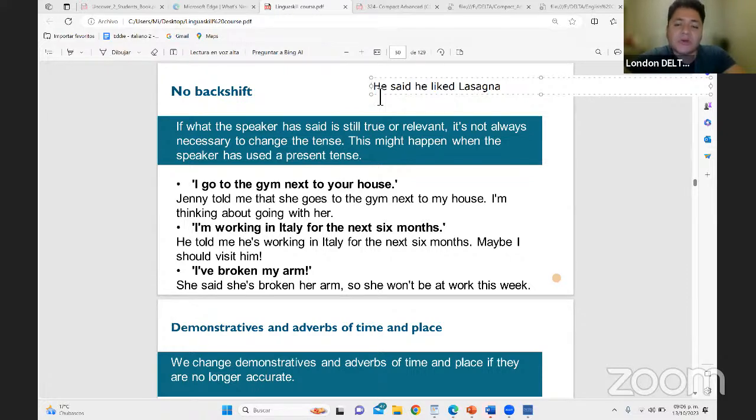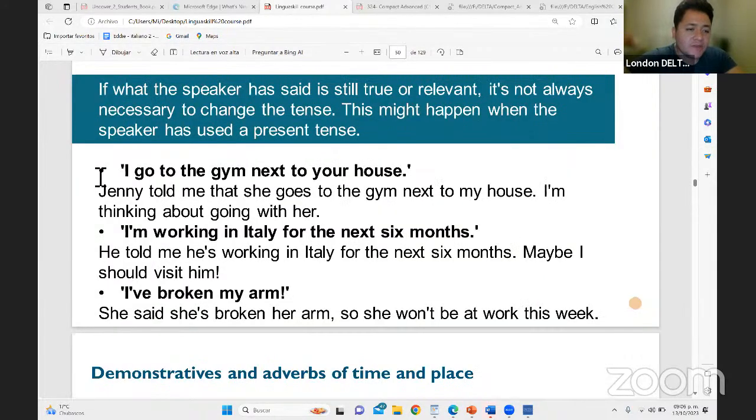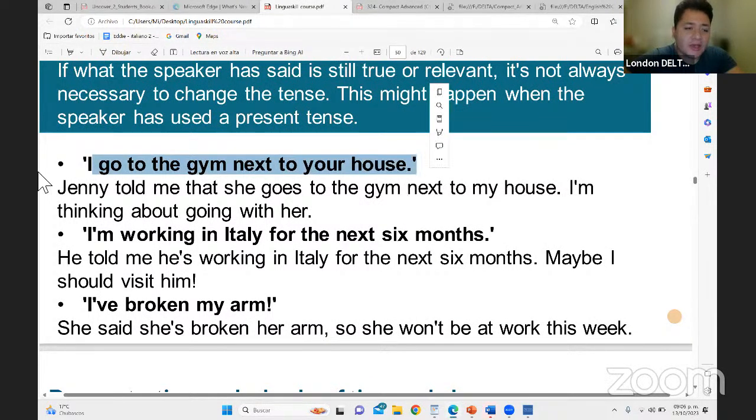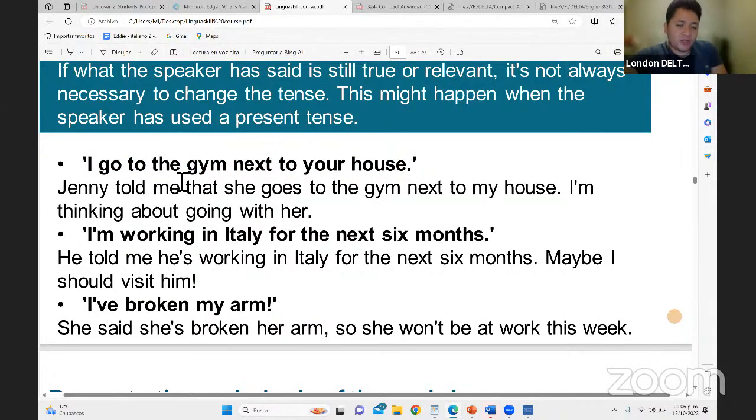Entonces, esa es la situación con reported speech. Cuando está en presente simple, hay veces en las que no es necesario cambiar el tiempo. Okay, in these kind of situations. Here we have another example. It says, I go to the gym next to your house. Jenny told me, fíjense cómo no cambió al pasado, simplemente lo dejó en presente. Jenny told me that she goes to the gym next to my house.